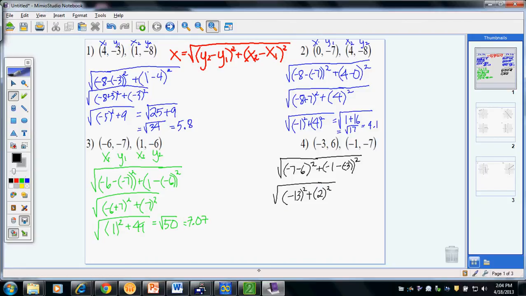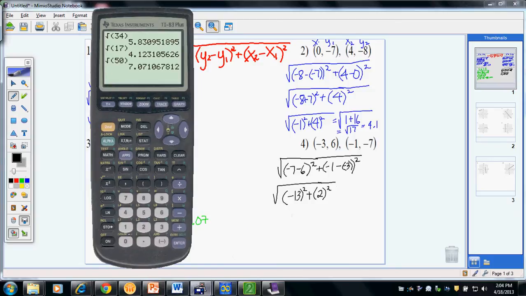Alright, let's go over here to the calculator again. And we'll see that negative 13 squared is going to equal, we do this right here, with negative 13, so that it makes sure that it keeps it with the square, 169.